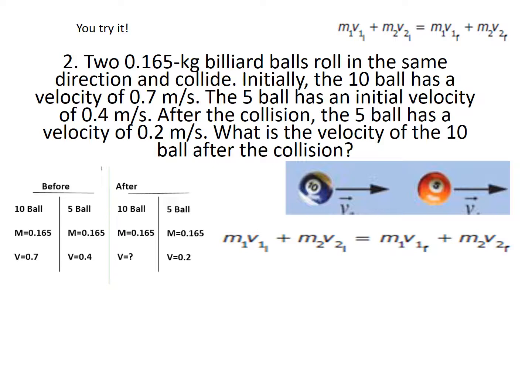So we see that these billiard balls do not get stuck to each other, so we know that this is an elastic collision. Okay, and I'm going to color code again. So this is our before.